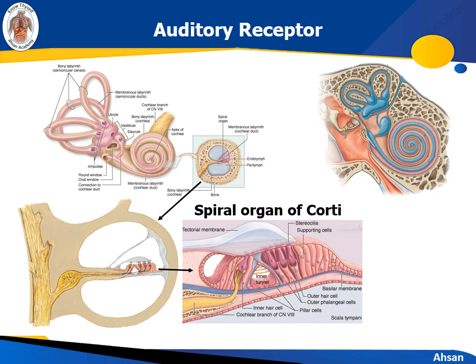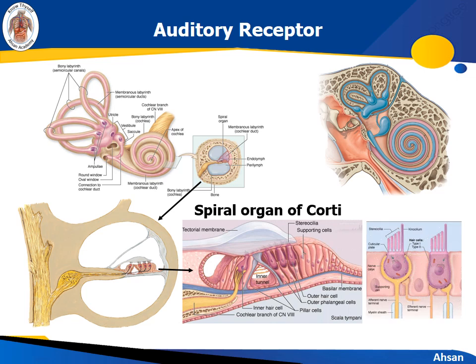This spiral organ of Corti contains hair cells. You can see the hair cells, and these hair cells have elongated apical microvilli-like structures, which are the longer stereocilia.